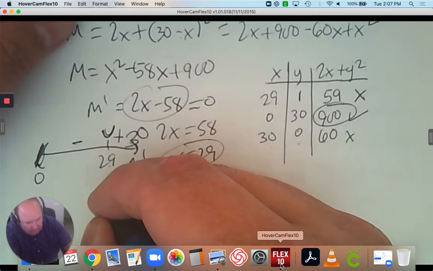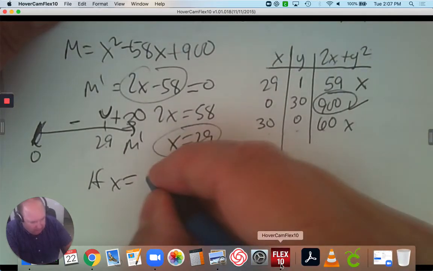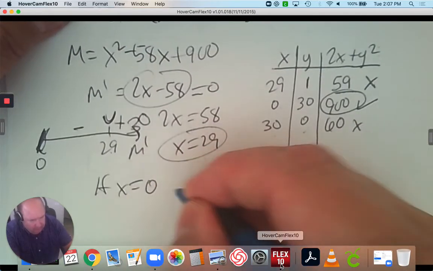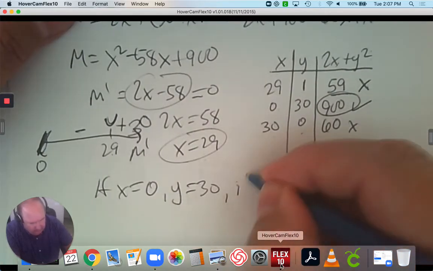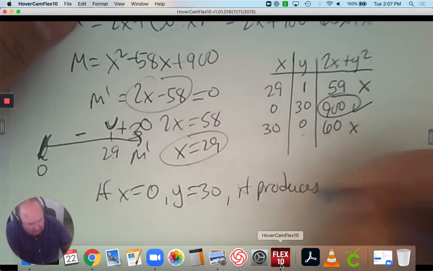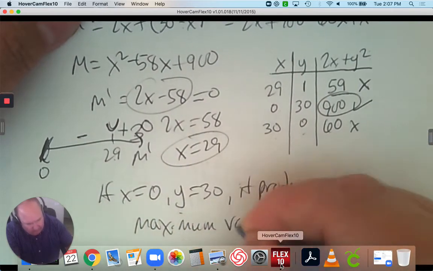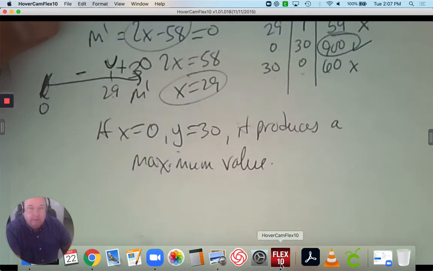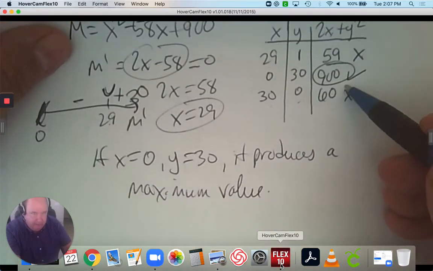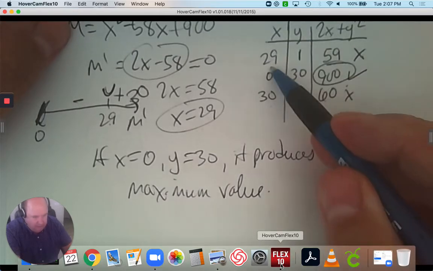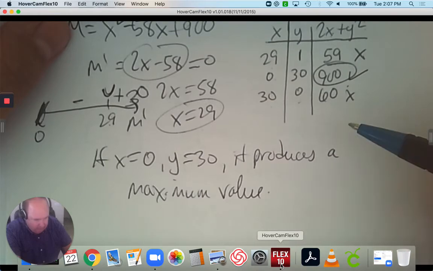So if x equals 0 and y equals 30, it produces a maximum value. So when x is 0 and y is 30, you get a maximum value. When x is 29, it creates a minimum value, and then you have all the other values in between.